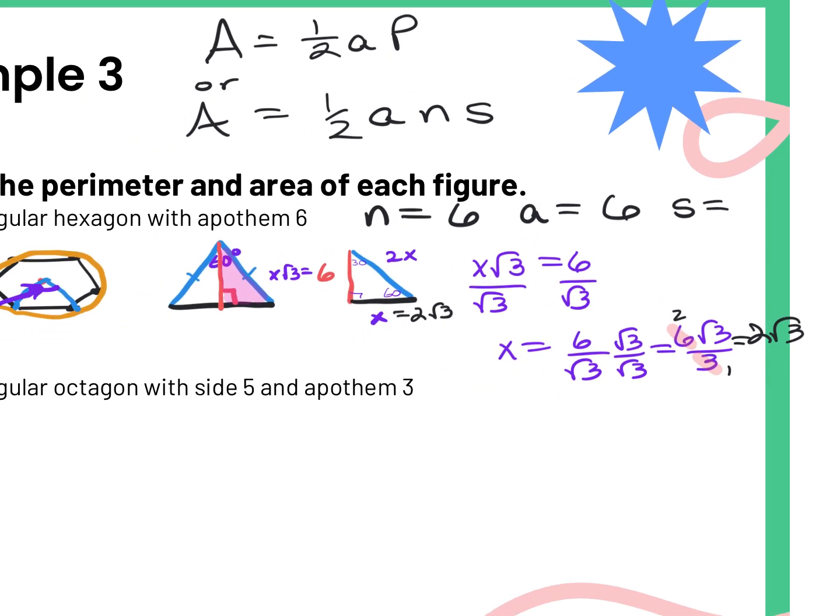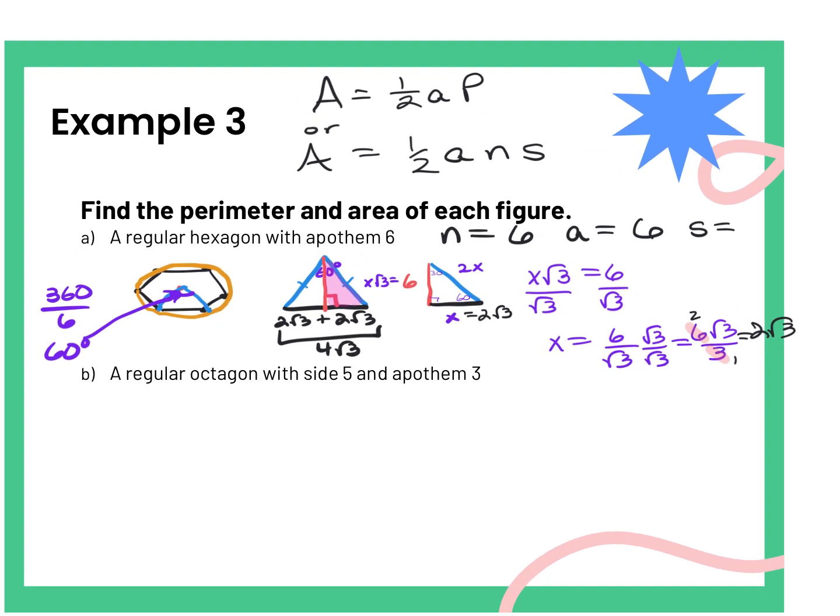I needed to find the side length. So this little piece here is 2 square root 3, and so is this one. I'm going to add them to get the length of the side of my hexagon. So 2 plus 2 is 4. So each one of the sides of my hexagon is 4 square root 3.